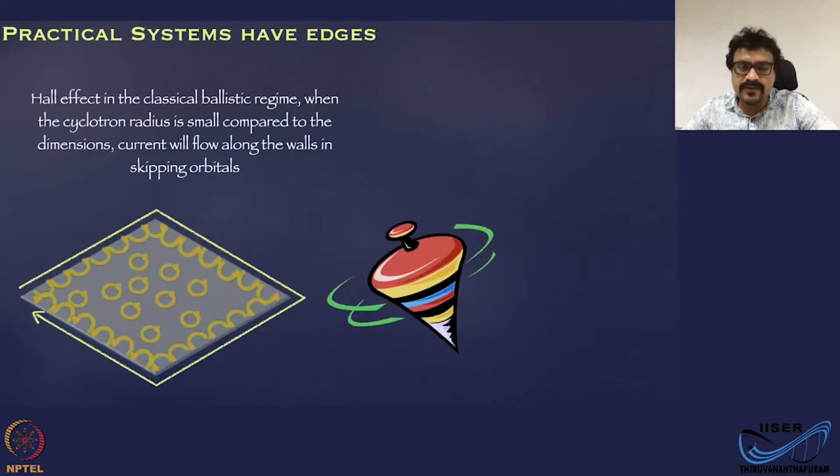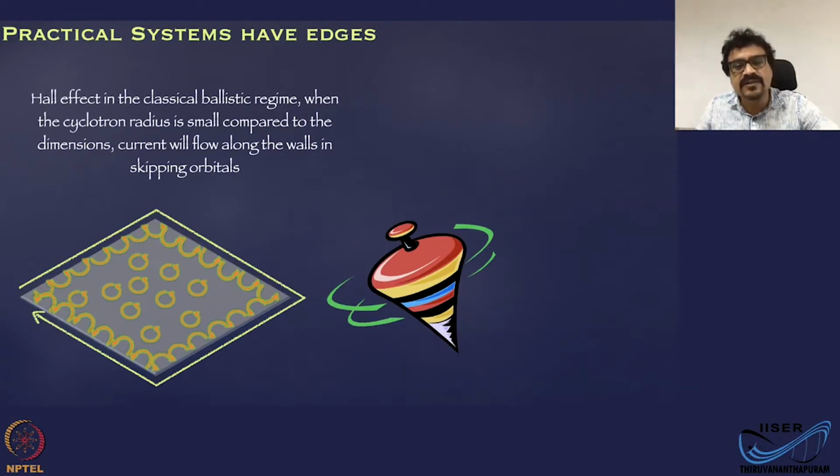So far we have been discussing the quantization of electron orbits in a two-dimensional system, but we never considered one aspect of practical systems, that is, these practical systems are not infinite in dimension in the plane, but there are edges.